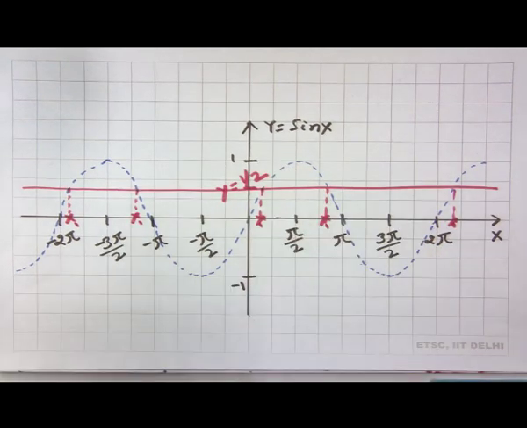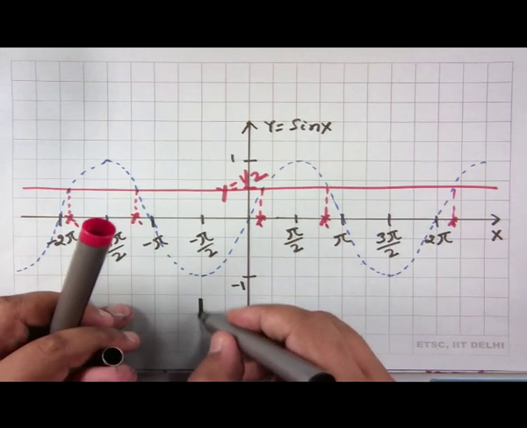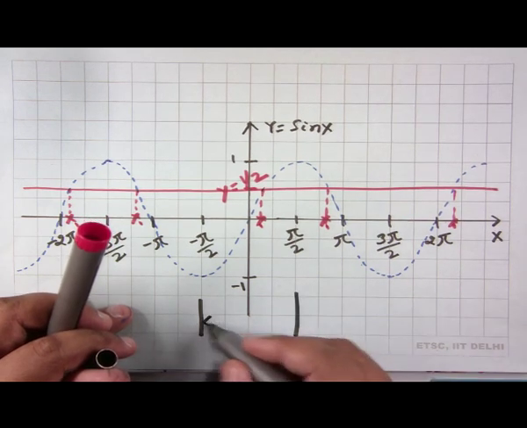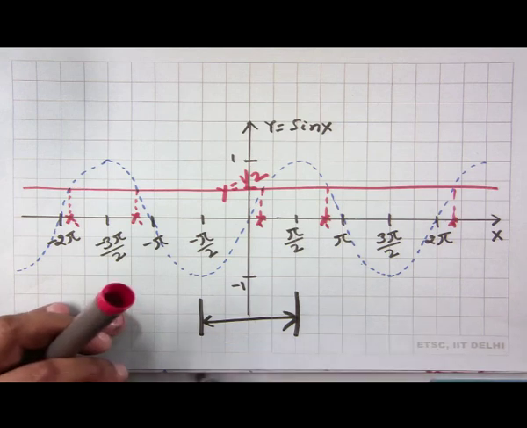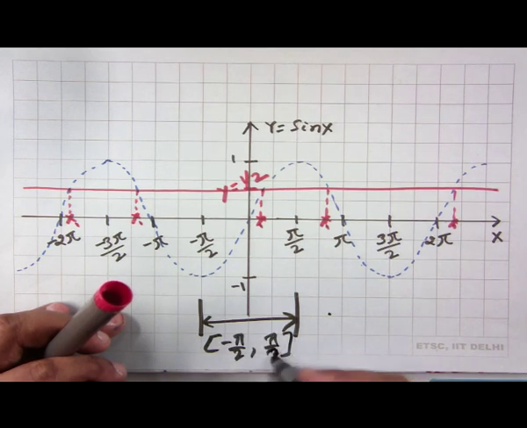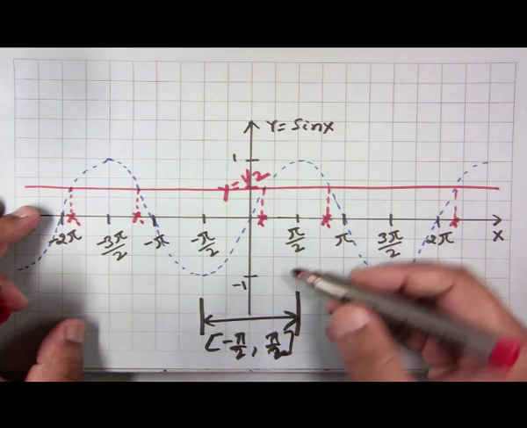If we restrict the domain of the sin x function to the closed interval -π/2 to +π/2, then the curve for the restricted function will be the solid red curve, which I am going to draw now.